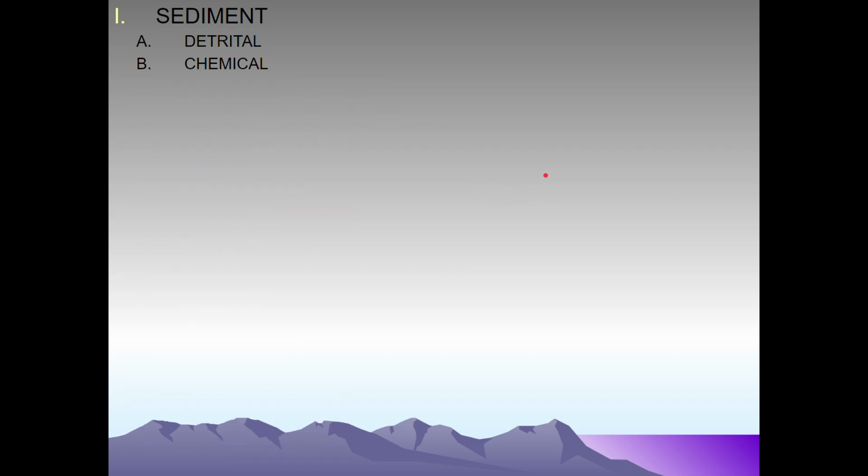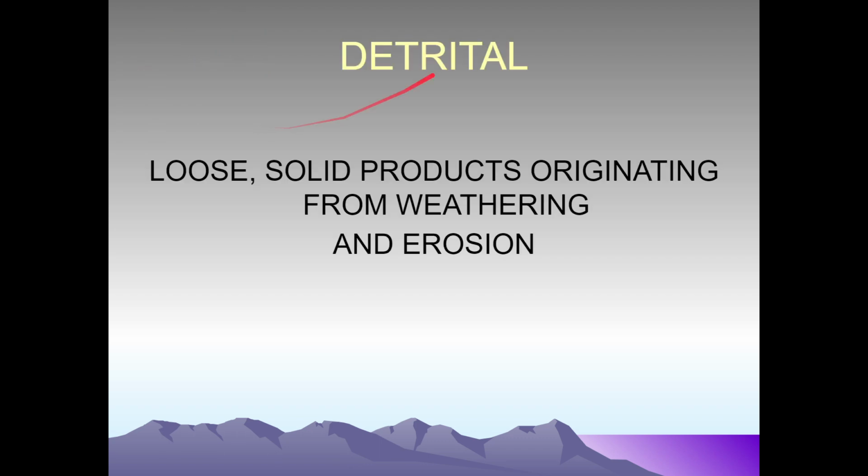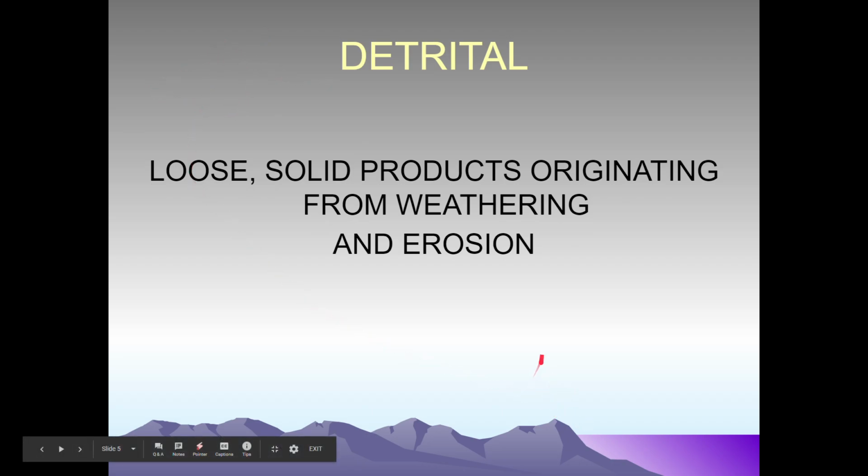Anyway, let's talk about sediments and detrital and chemical sedimentary rocks. So, detrital: it's loose, solid products originating from weathering and erosion. If I have a piece of granite and I beat it up, here's a granite mountain down here, bang, bang, bang, I bang it up into little rocks and it starts falling down the hill.